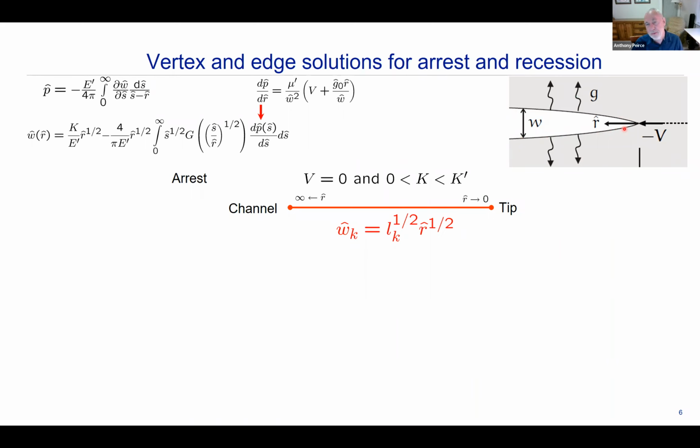Emmanuel and his school have championed the analysis of this asymptotic umbrella. It stretches from what we call the tip to the boundary of the channel, and that boundary is what we denote by infinity. The channel is where sort of boring stuff is going on in the fracture, and this is where all the action is.